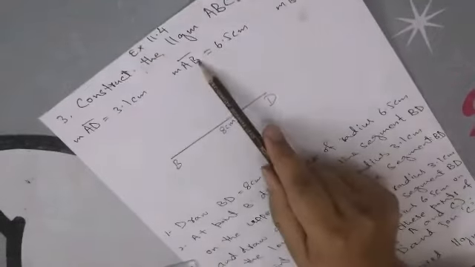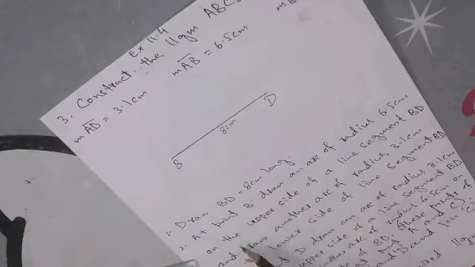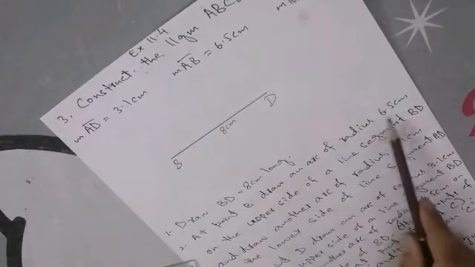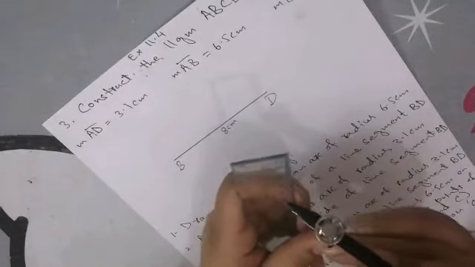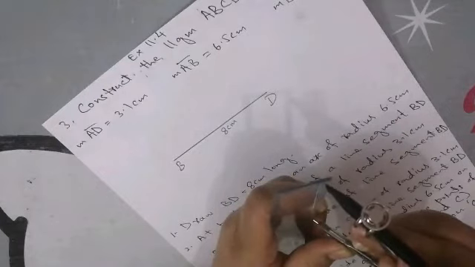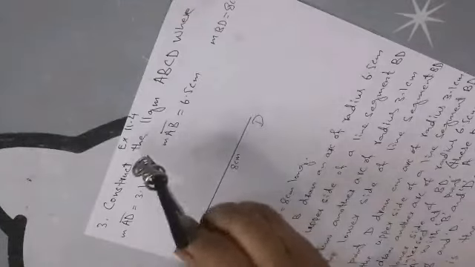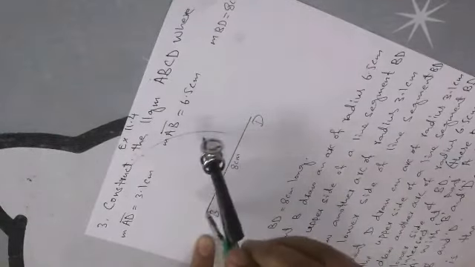Again, draw BD 8 centimeter long. Because you have given AB 6.5 centimeter, at point B draw an arc of radius 6.5 centimeter on the upper side of BD. So we open our compass 6.5 centimeter. From point B, we draw an arc of 6.5 centimeter.